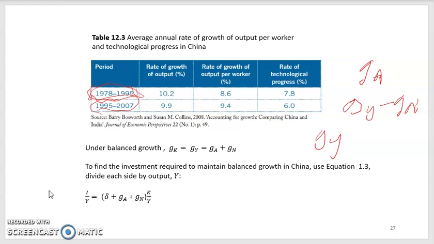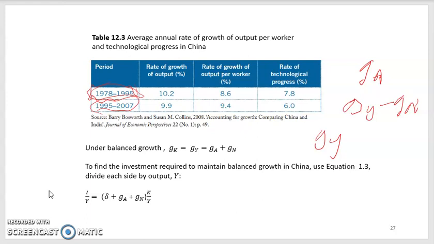Since 1995, however, while growth of output per worker has remained very high, the contribution of technological progress has decreased. Or we can put this differently by saying that more recently, growth in China has come partly from unusually high capital accumulation, from an increase in the ratio of capital to output.